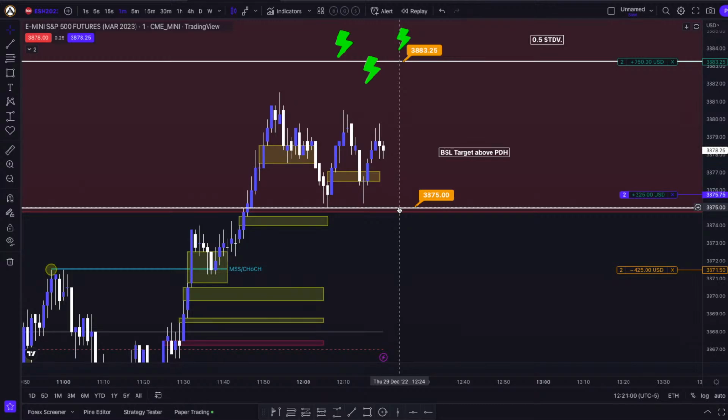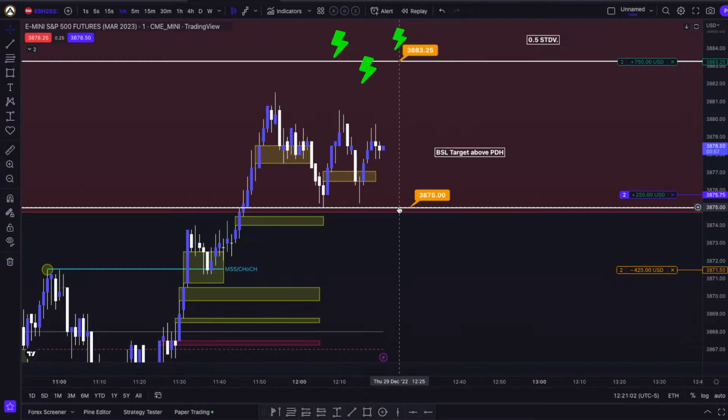Not hit rate, but success rate. Our bias was confirmed, and we did not break our DR IDR low depending on the setup. So basically from the 16th of December until today, price has not violated the DR rule once, hitting a 100% success rate. That's pretty awesome.